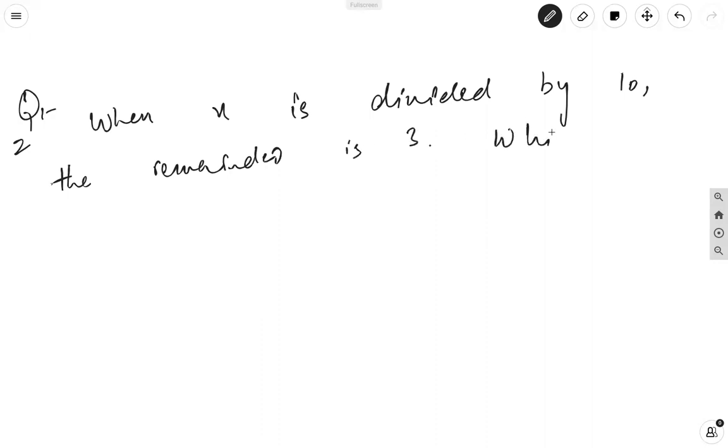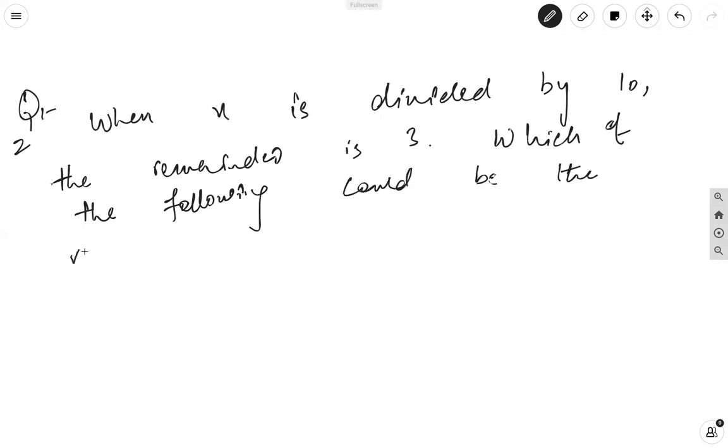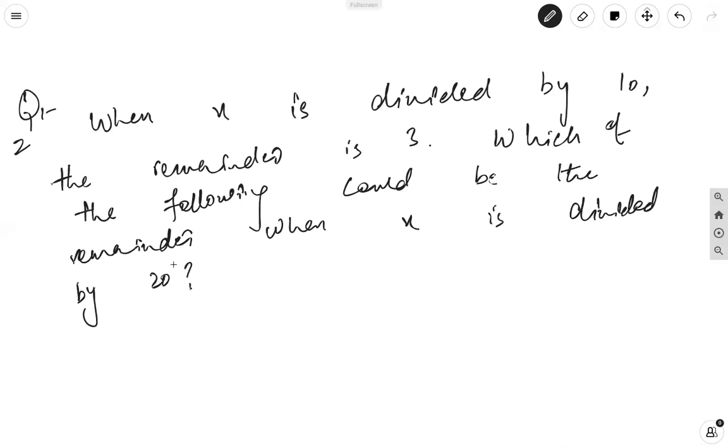Which of the following could be the remainder when x is divided by 20? I repeat the question. When x is divided by 10, the remainder is 3. Which of the following could be the remainder when x is divided by 20? Options are 0, 3, 5, 8, 10, 13, and 20.